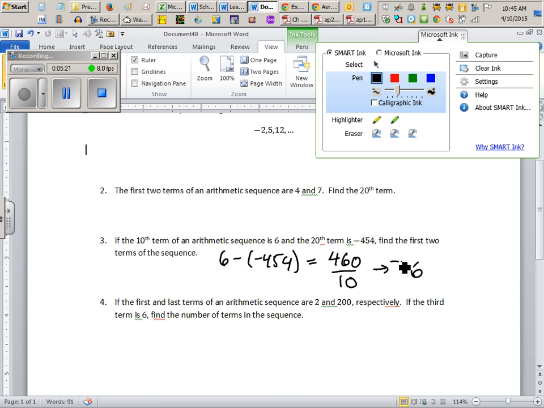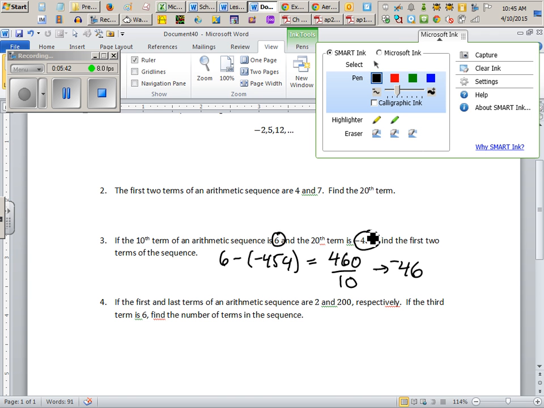Okay. You said that the 10th number is positive and the 20th number is negative, so it must be dropping. Yes. Okay, that's common sense. Since I want to find the first two terms, I have to be adding and going up higher rather than going negative. So you used addition of the 46s. 46. Okay, how many 46s did you add to the 10th term?